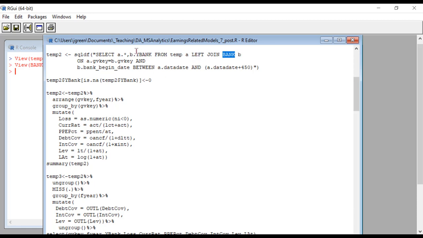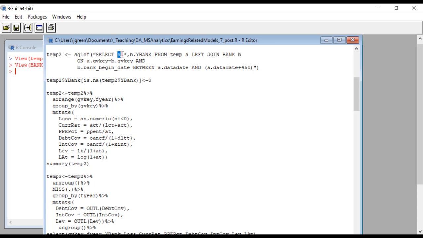So the easiest way to get a handle on what this is doing is to do it and then look at the data. So there are certain statements that come in with a SQL language. So here select means choose columns. So when you're selecting columns, you're selecting from 2 data sets, and we have here the temp data set and the bank data set.